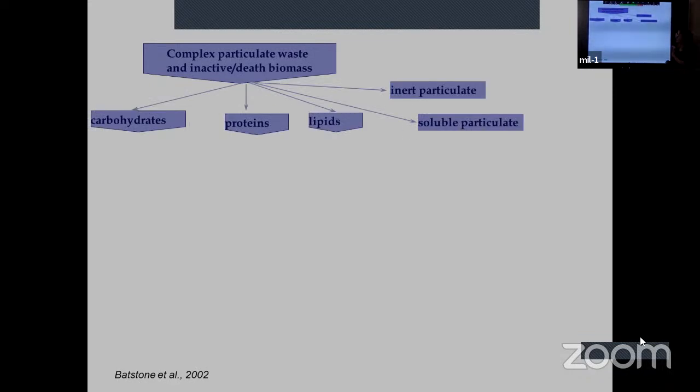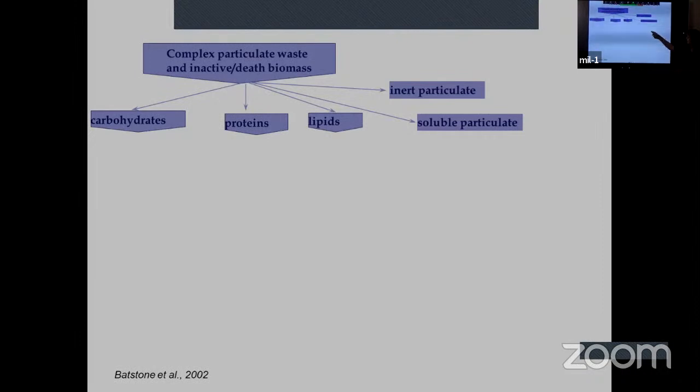To go deeper into the mechanism, first your substrate is complex particulate organic matter, but you will also have some inactive or dead microorganisms which can be used as a substrate. All these substrates can be split into inert particulate and soluble particulate.